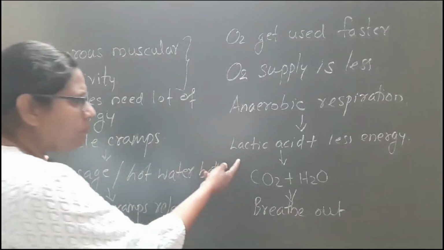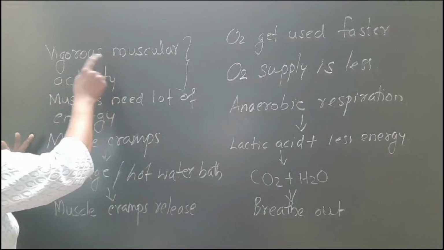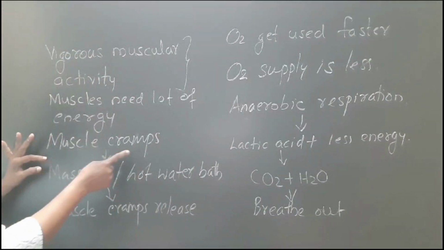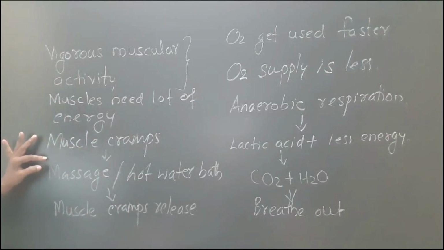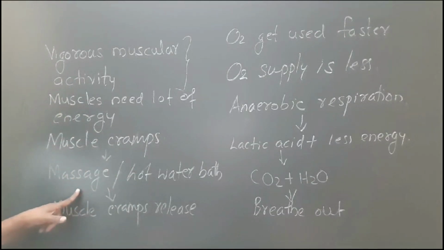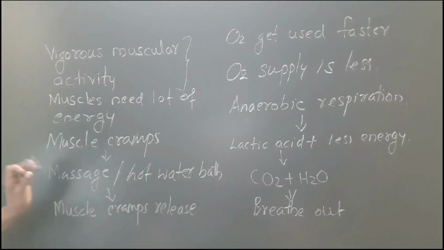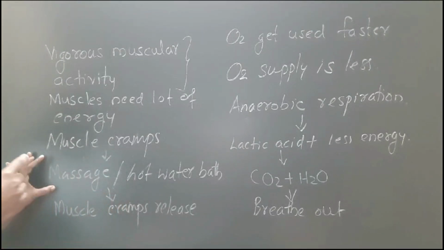So what happens in the body? After vigorous muscular activity, the muscles get cramps. What do we do when there are muscle cramps? We massage or take a hot water bath. Due to massage or a hot water bath, blood circulation increases.